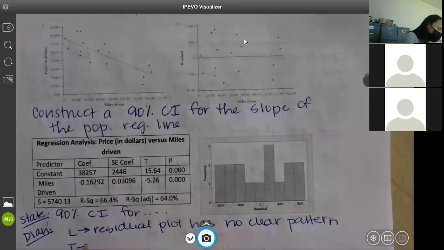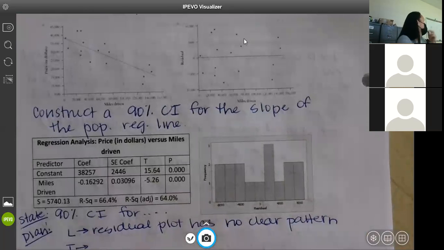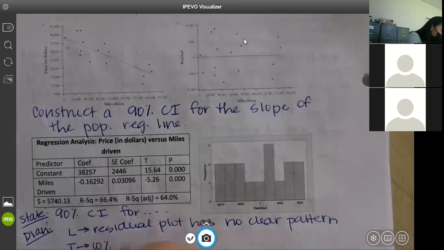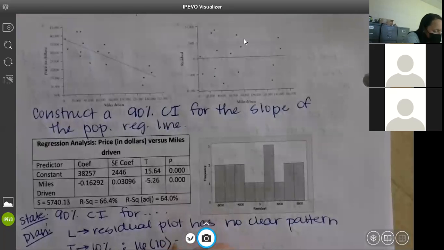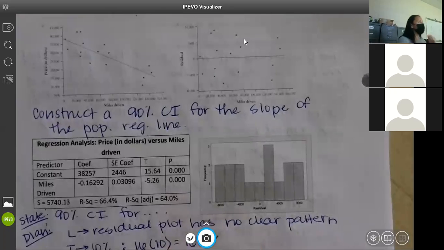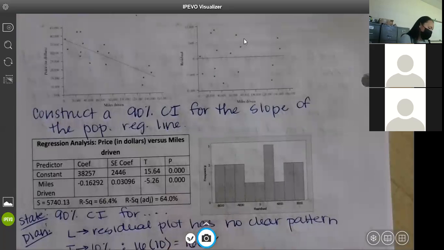Independent. Did we take a random sample? Yeah, as long as we took a random sample, it's the 10% condition. We had 16 trucks times 10 is 160, which is definitely smaller than the population. So very good. All right, N.